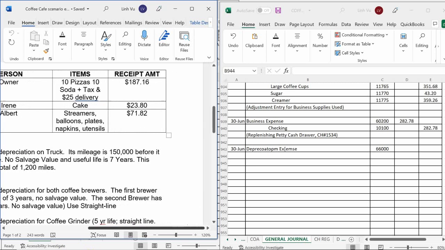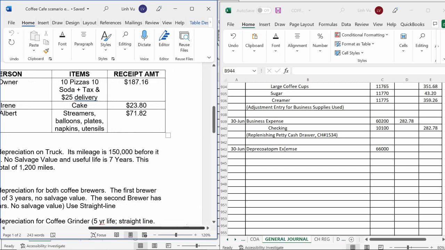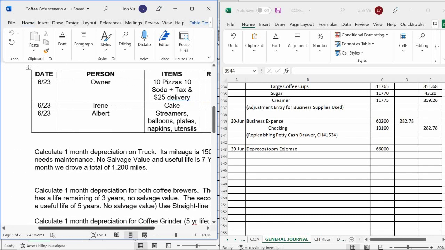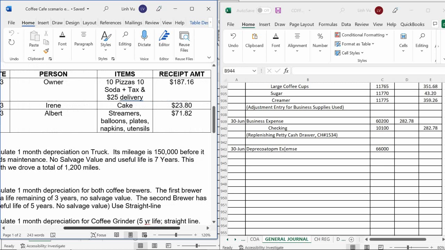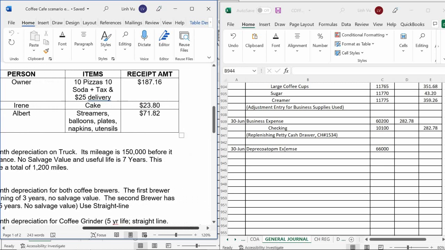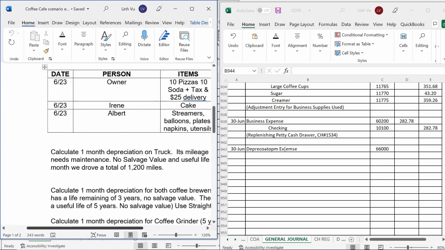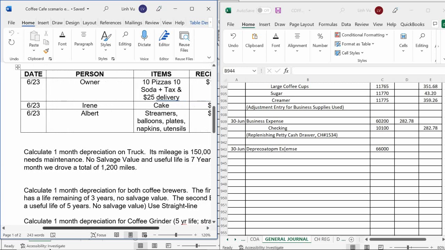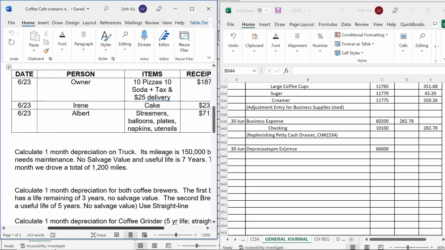It has a mileage total of 150,000 miles before it needs maintenance, no salvage value, and a useful life of 7 years. For this month, we drove a grand total of 1,200 miles.